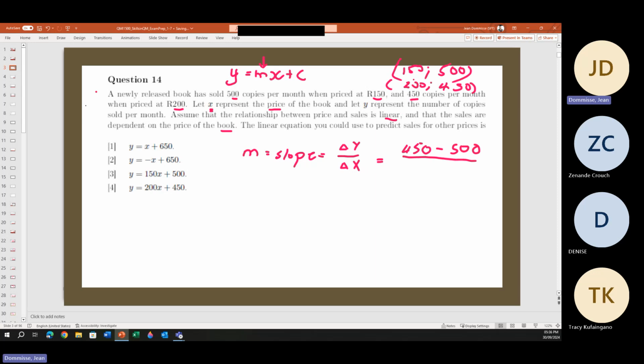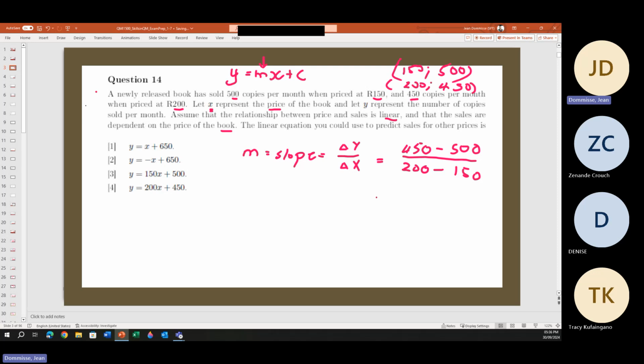And your two x points: when we had 450 copies, it was priced 200, and when we had 500, it was priced 150.